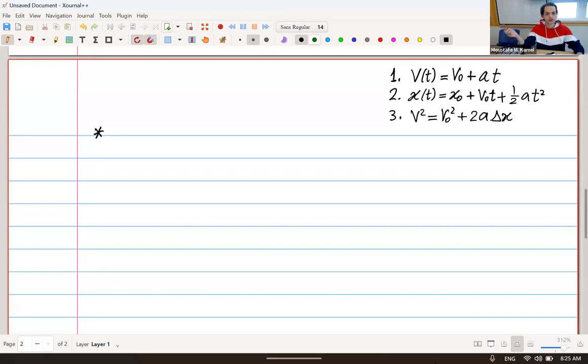In our case, the acceleration is 5 meters per second squared, and the initial velocity is 3 meters per second. And the initial position, we can just define to be 0. Let's just put the origin when the motion started.